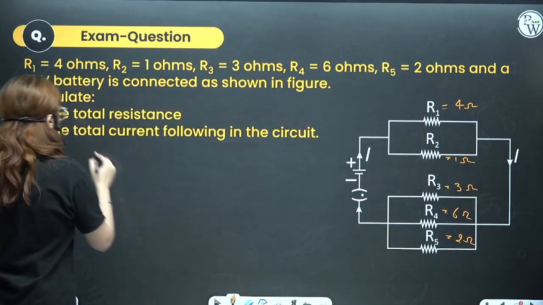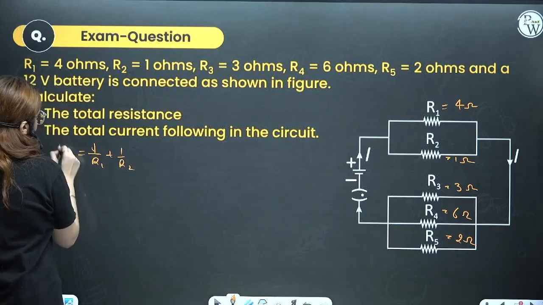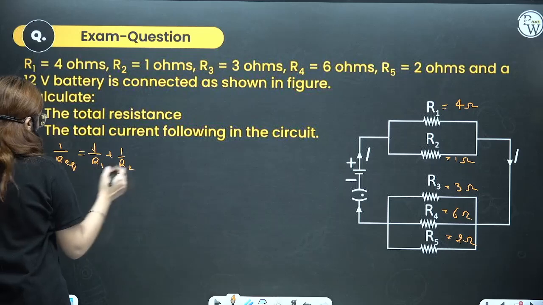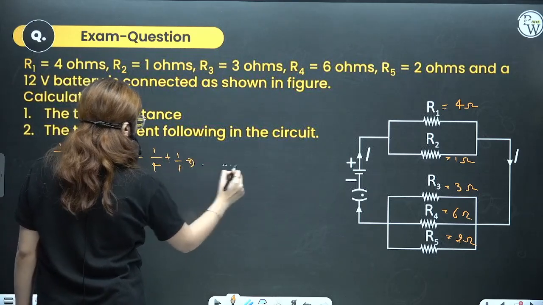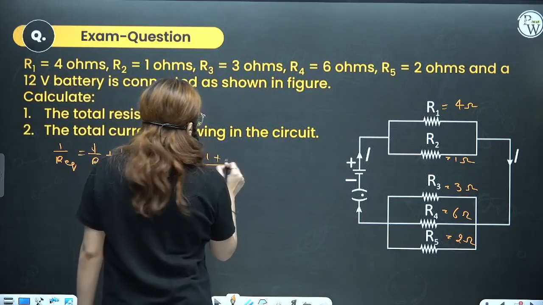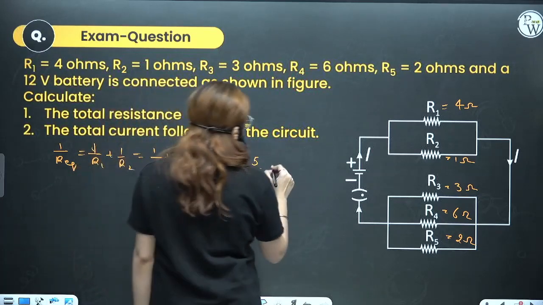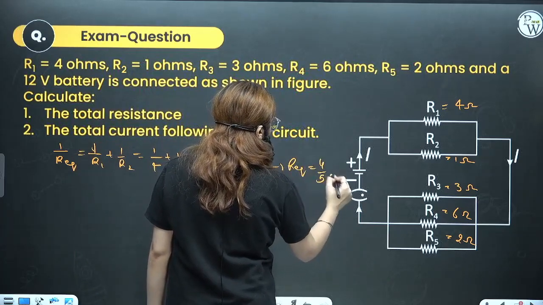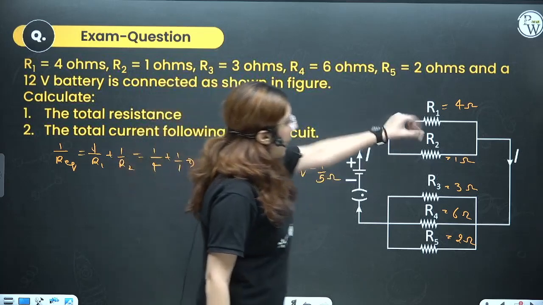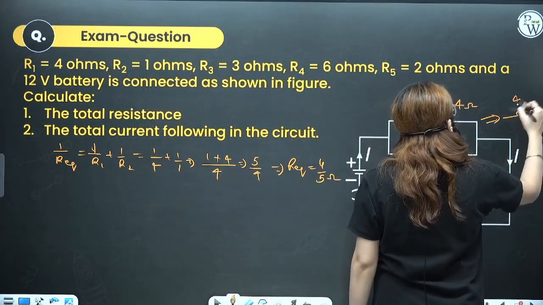They are in parallel, no? 1 by R1, 1 by R2, 1 by R equivalent. 1 by 4 plus 1 by 1 will give you 5 by 4, but R equivalent will be 4 by 5. So in place of this parallel, you can simply draw one resistance like this, 4 by 5 ohm.